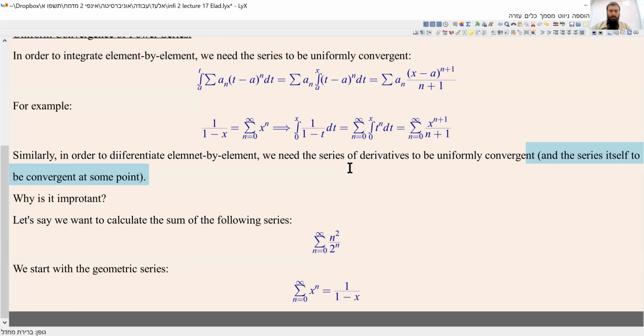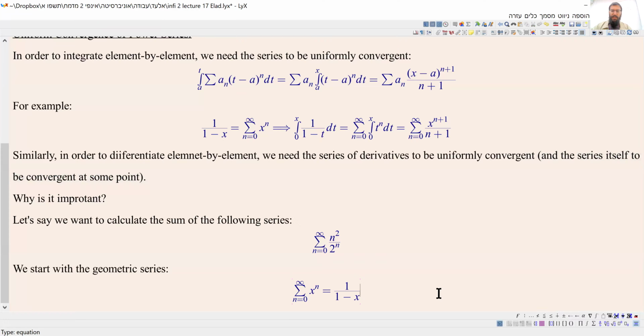If you differentiate element by element the geometric series, you get on one hand the sum of n x to the power of n minus 1, and on the other hand, the derivative of 1 over 1 minus x.